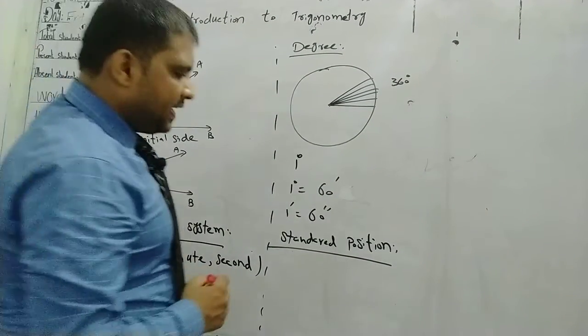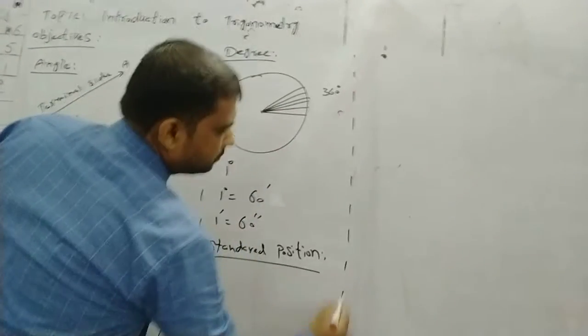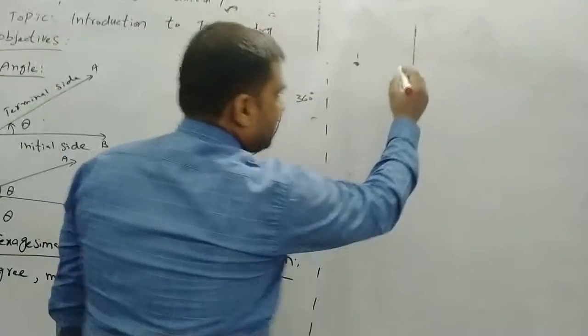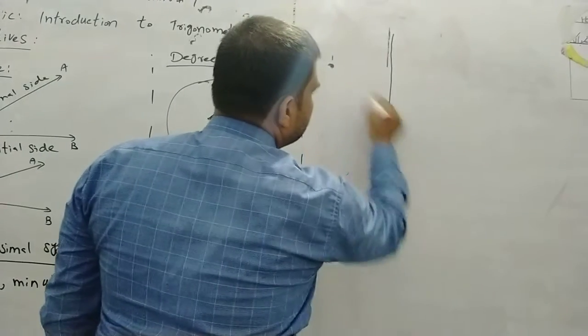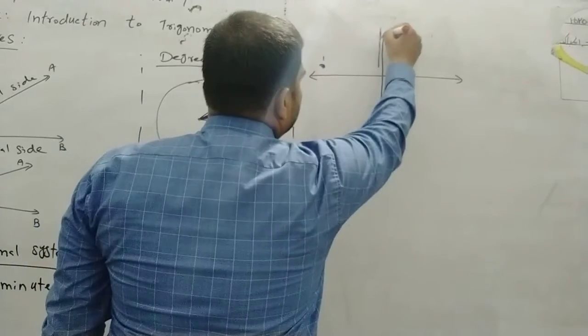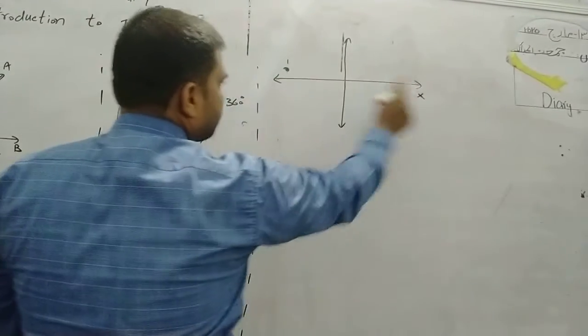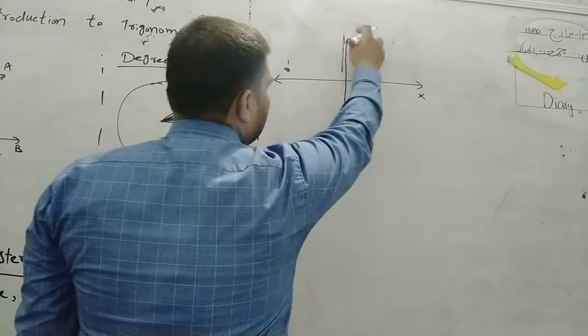Now we have 4 types of quadrant. The horizontal line is the x-axis and this is the y-axis.